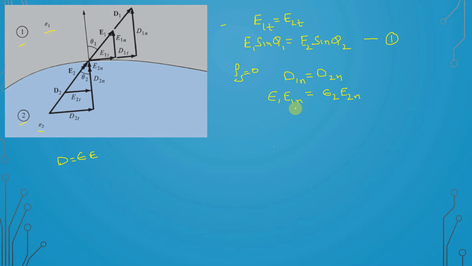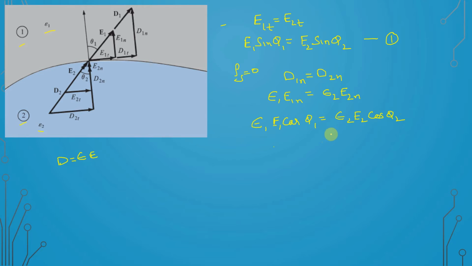And what are E1n and E2n? So you can write epsilon 1 E1 cos theta 1 is equal to epsilon 2 E2 cos theta 2.